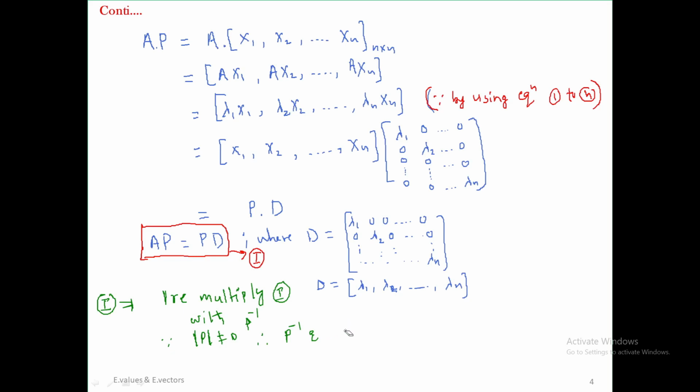Since P inverse exists, this step makes sense. So I can pre-multiply both sides with it. We have AP is equal to PD. Now I am pre-multiplying both sides with P inverse.